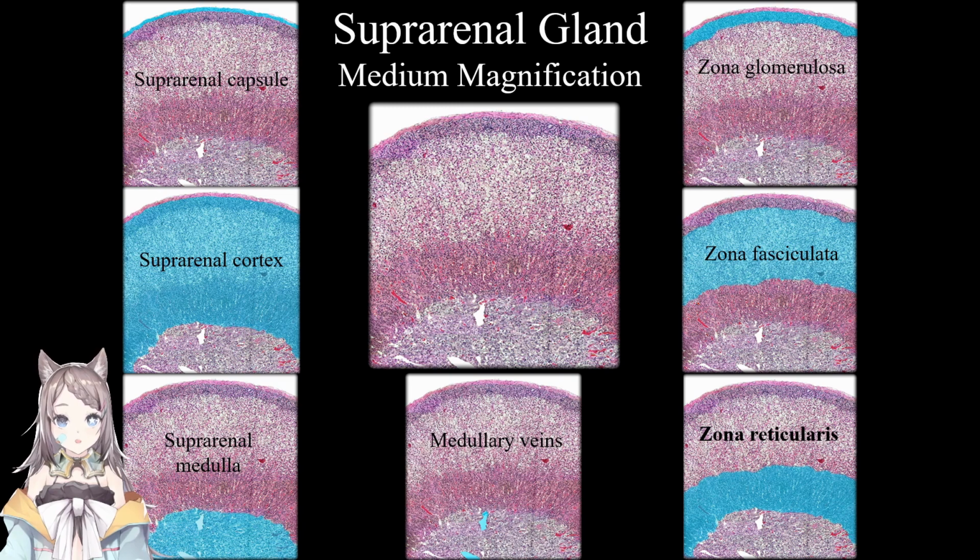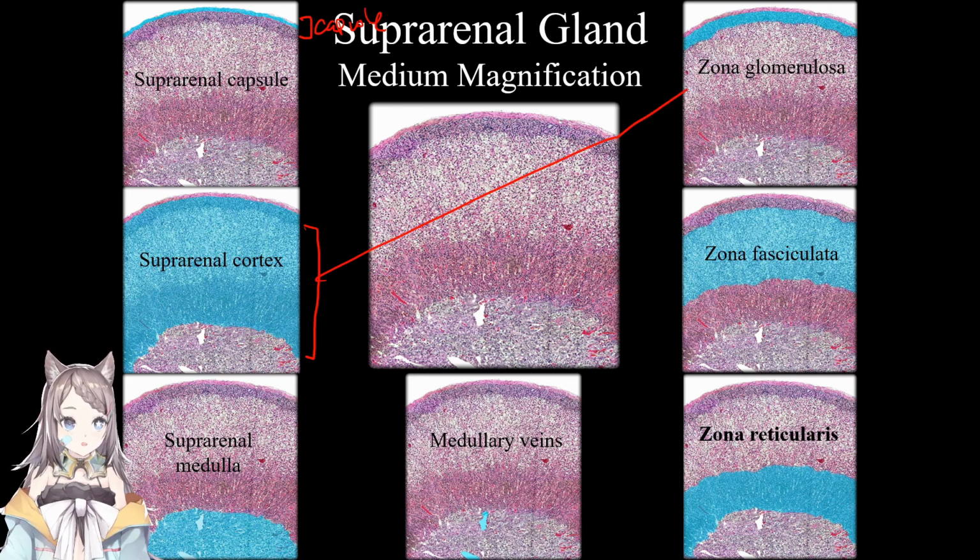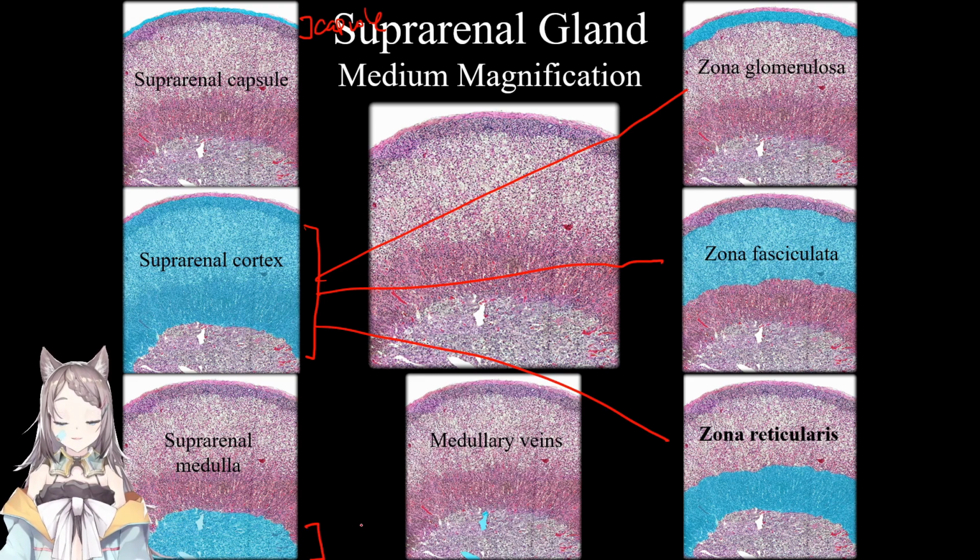On the top you have your capsule. In the suprarenal cortex, you have your three zones: zona glomerulosa, zona fasciculata, and zona reticularis. On the bottom, you have your suprarenal medulla, or the innermost, your adrenal medulla.